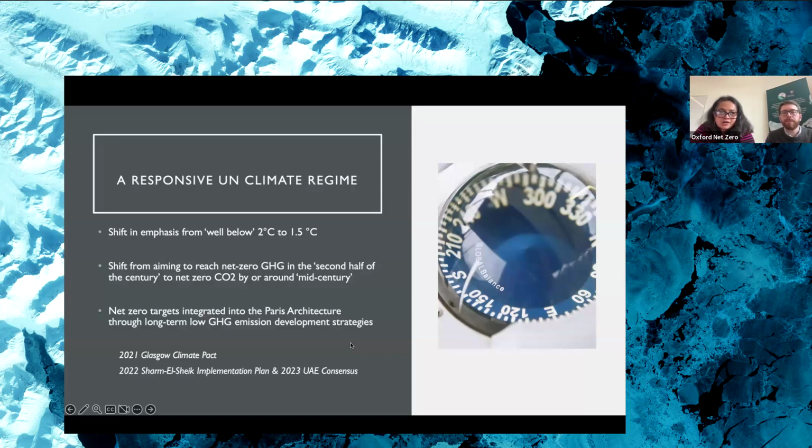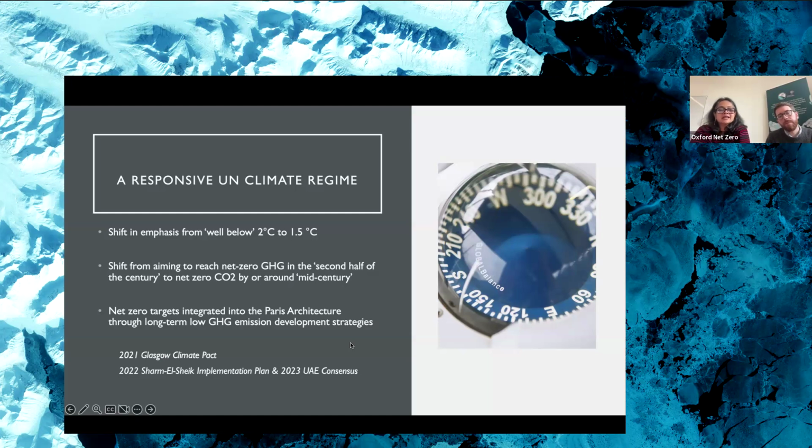Interestingly, these net zero targets, which many states have adopted, and I'll come to it in a minute, have been integrated into the Paris architecture through the long-term low greenhouse gas emission development strategies that states are encouraged to provide in Article 4.19 of the Paris Agreement.